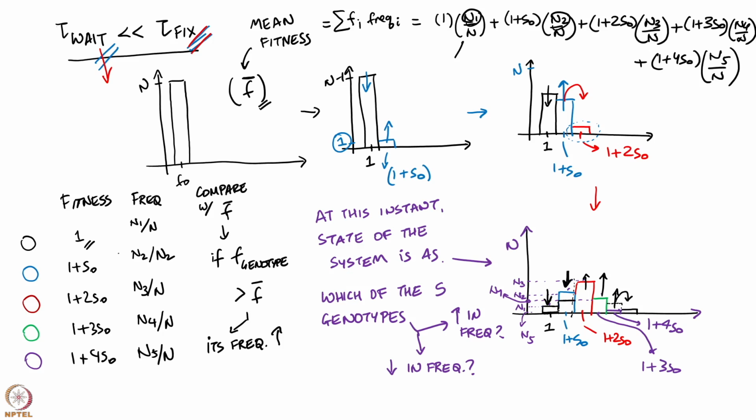So, you will always have this same width of the fitness distribution that we have. On the left end, these will keep going extinct, and on the right, higher fitness genotypes will keep coming.